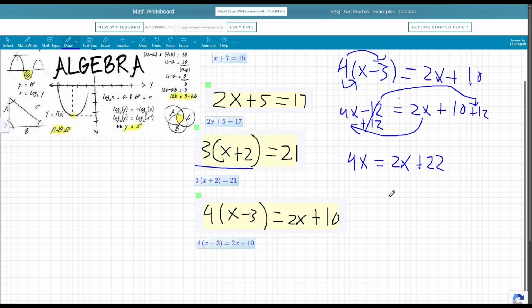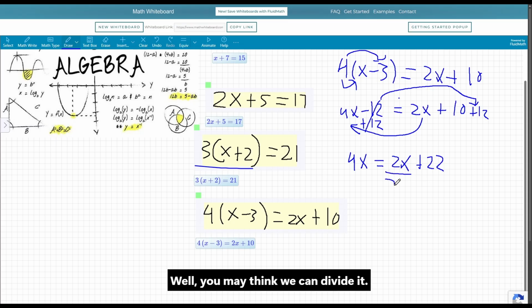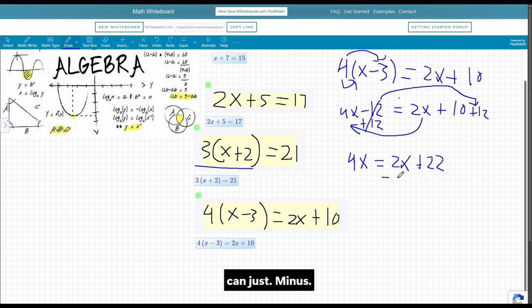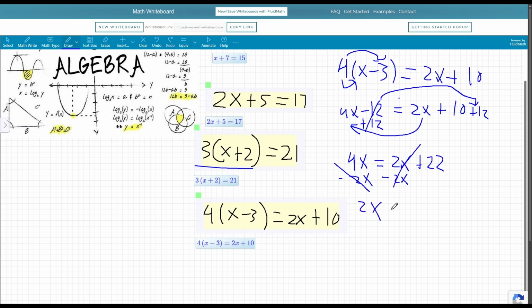You may think we can divide it, which I'm pretty sure we can do that as well, but you can also, if they're together in the same term, just minus 2x, minus 2x. So, boom, bam, this turns into 2x equals 22.